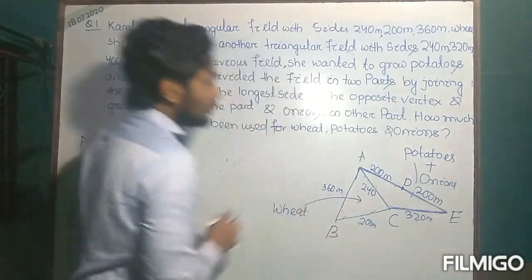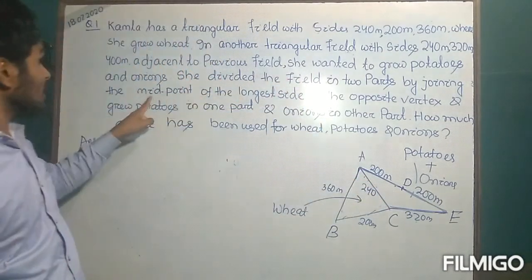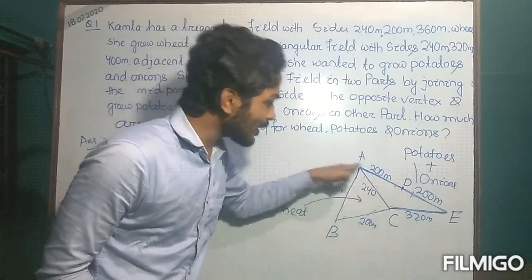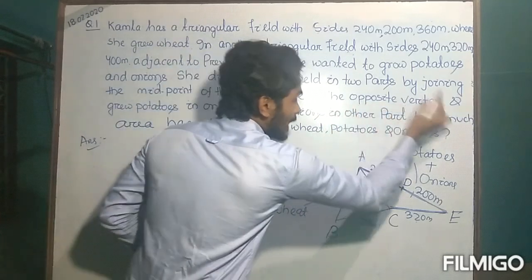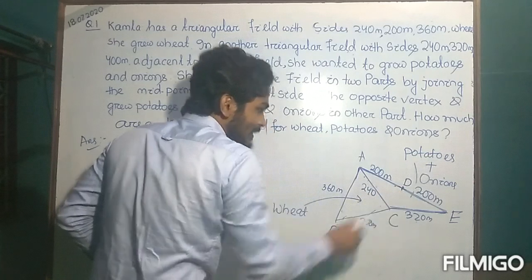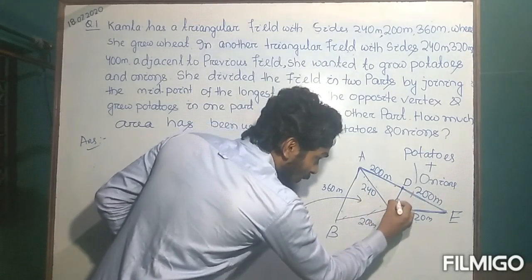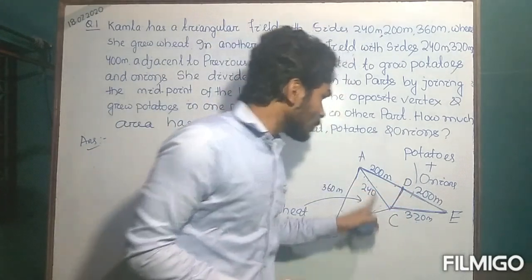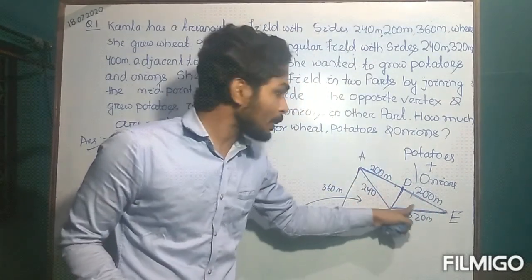Now, what will she do? She divided the field into two parts by joining the midpoint of the longest side to the opposite vertex. Opposite vertex means just opposite to it. So its opposite vertex is C. So join these two points, so that this total triangular field has been divided into two parts.